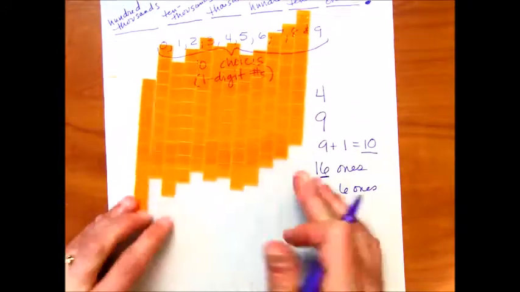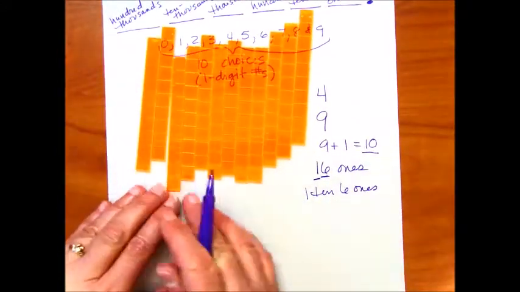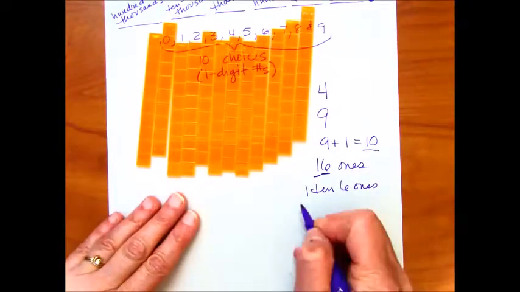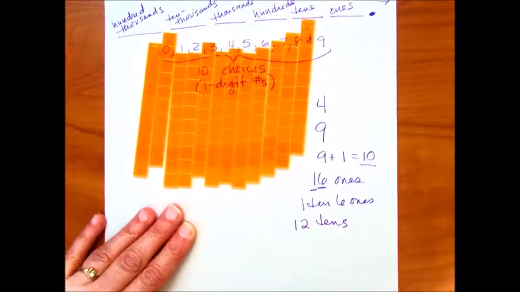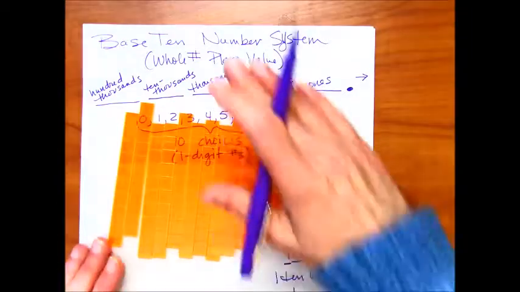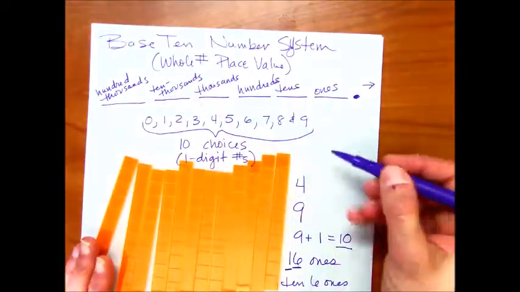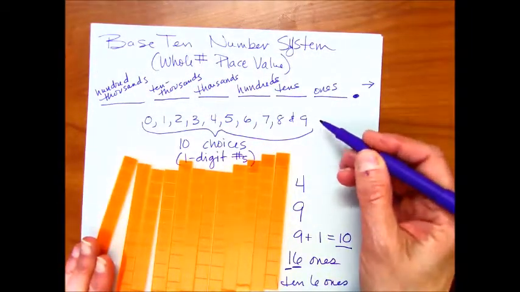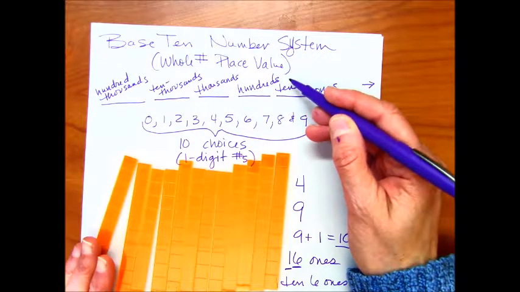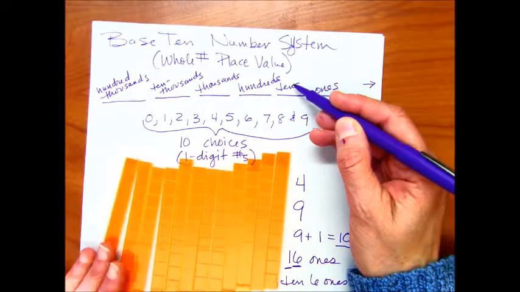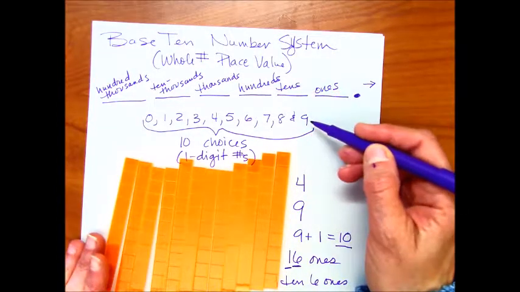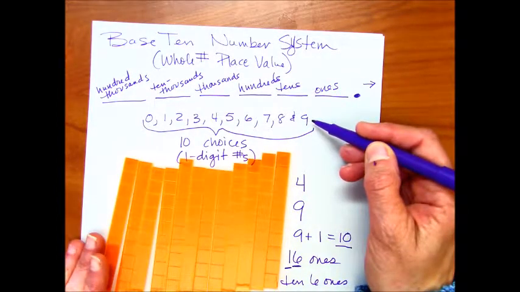So if I were to write this out just using tens, I could say I have 12 tens. Okay, but notice 12 is not one of my choices. I can't put 12 here in my tens place, because I can only use 1 digit, and 12 is not an option for me here.